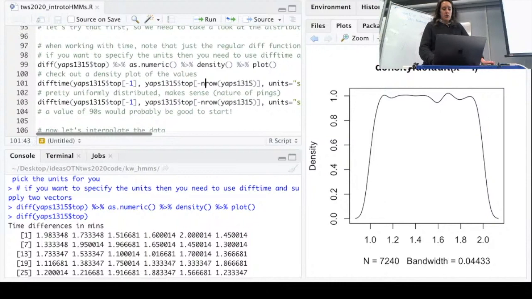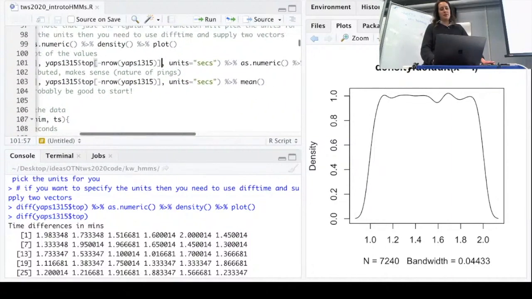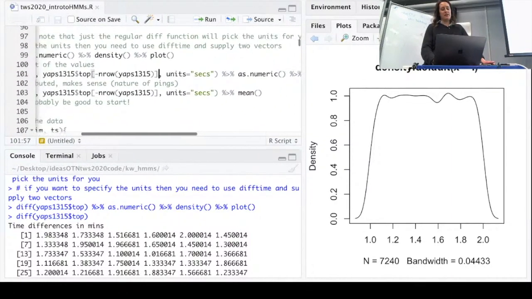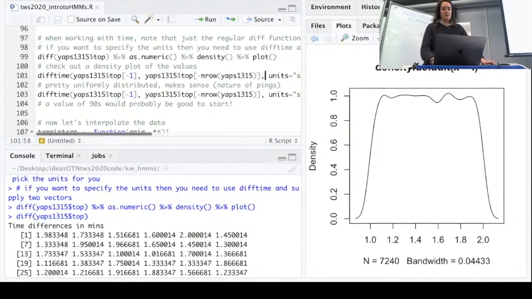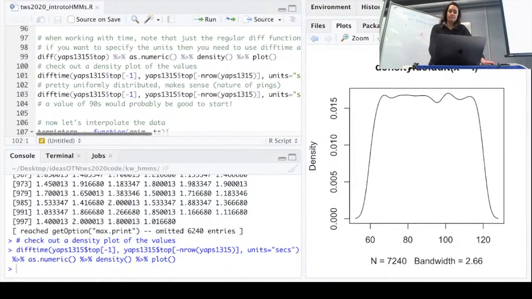So this is me using diff time in order to be able to control those seconds. So what I'm doing here is I'm just taking the time of pings vector, taking out the first one, and then taking the time of pings vector and taking out the last observation, and then that's going to give me all of the time differences, just without using the diff function.